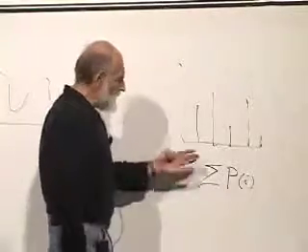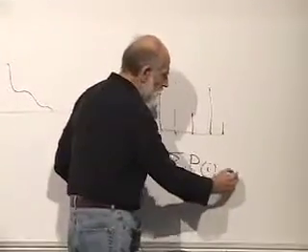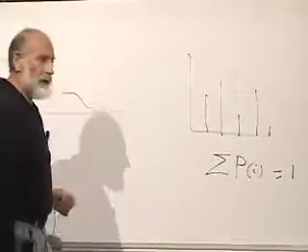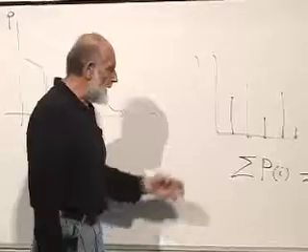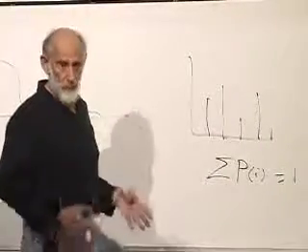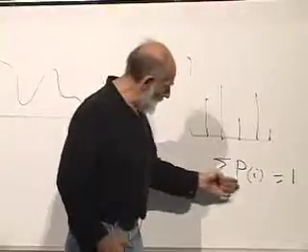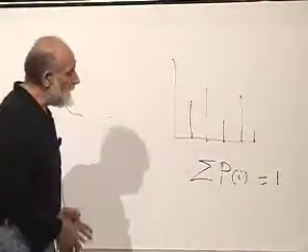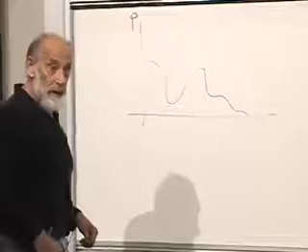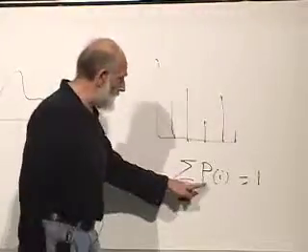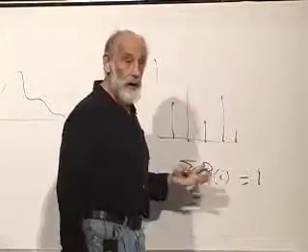The sum of P sub i is equal to 1. So it's a bunch of positive things whose sum is 1. Clearly, each one of the P's has to be less than or equal to 1. If the sum of positive things adds up to 1, each one must be less than or equal to 1. The only way any one of them can be equal to 1 is if all the others are 0.